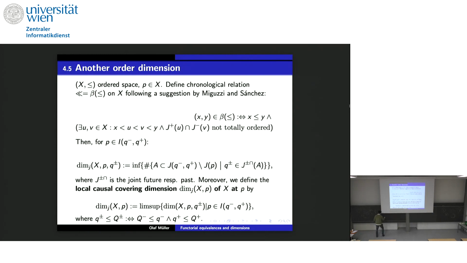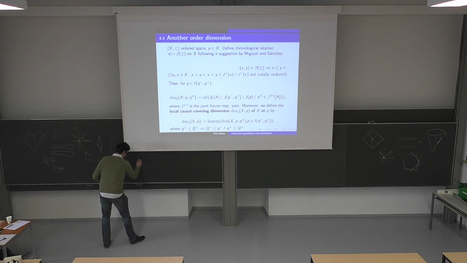A two-dimensional sketch is a bit dull, but here you take 2 points not contained in the cone. So here we have 2 points, P plus and P minus, and they are contained in the joint future of those two here, and also in the past, right? So yeah.